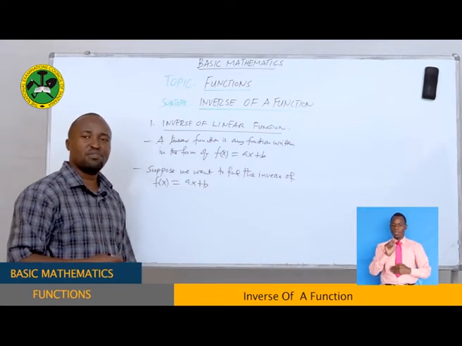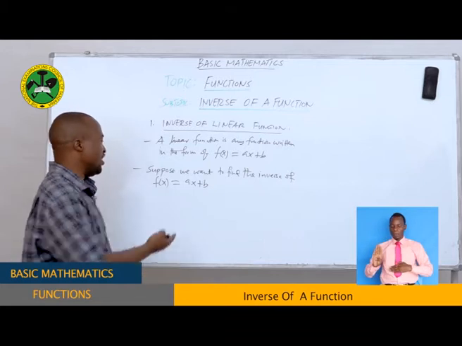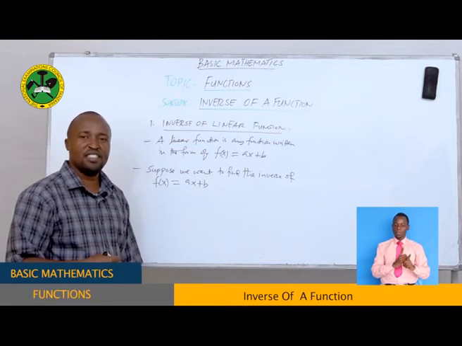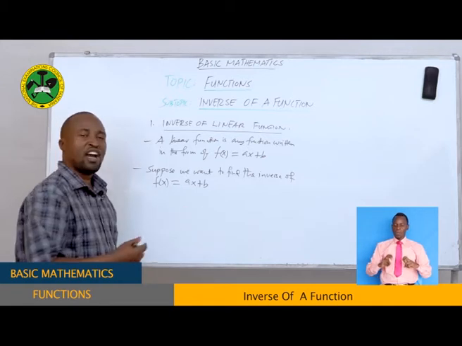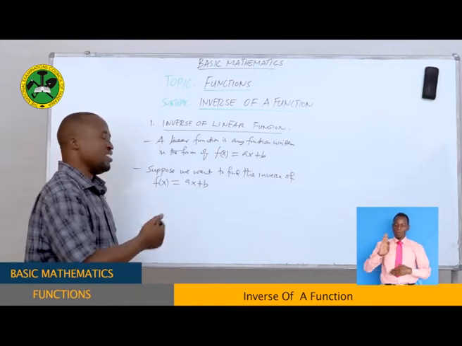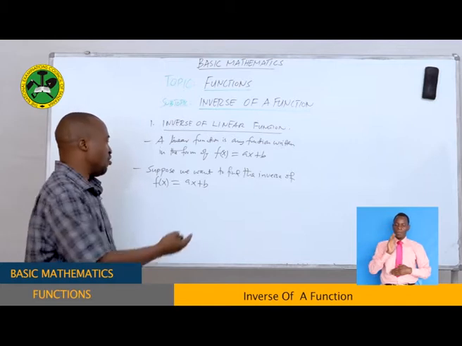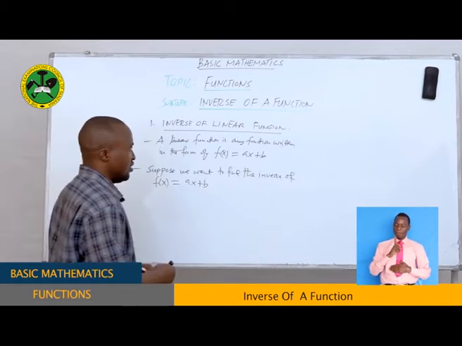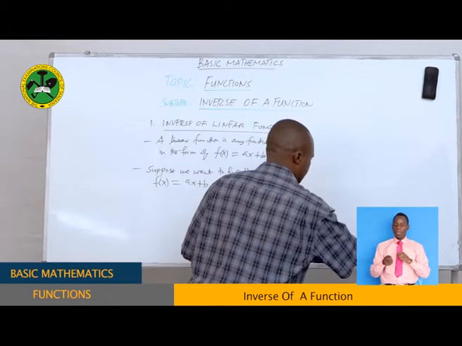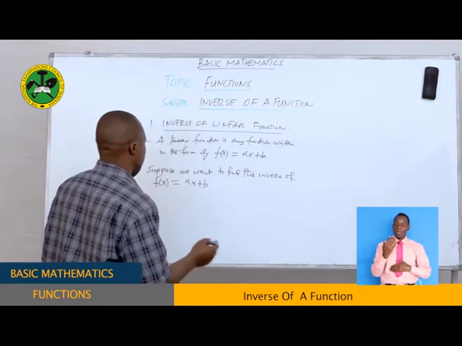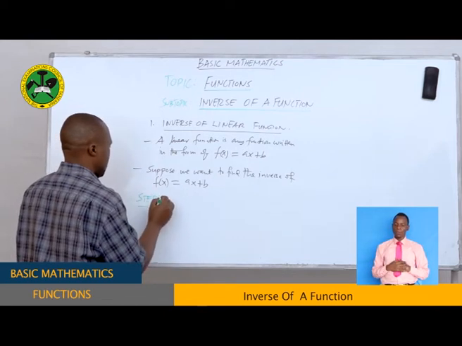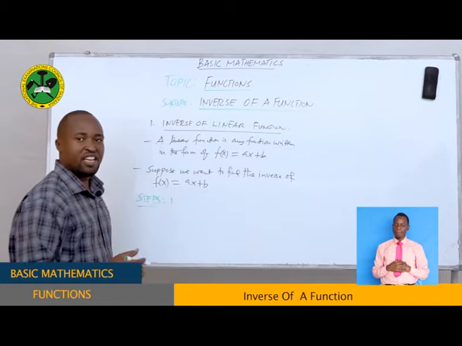There are some important procedures to follow so that to find the inverse of f of x is equal to ax plus b. Of course, here a and b are constants. A is the coefficient of variable x, while b is a constant. Now, here there are important steps.